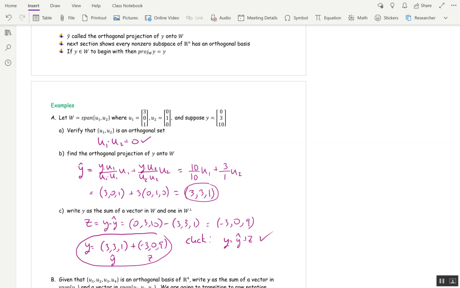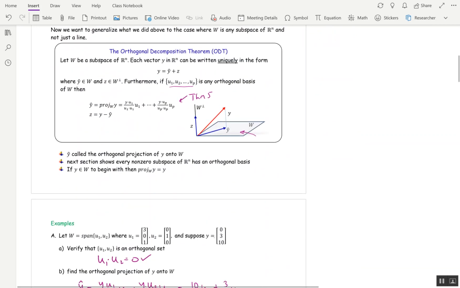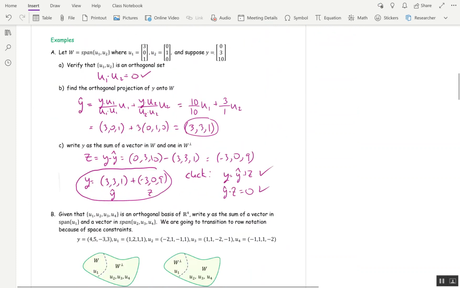Okay, and the other part of the safety check is check that Y hat is orthogonal to Z. Is that 0? So we get negative 9 plus 0 plus 9 is indeed 0. Okay, so you can see that it's really exactly what we did for the very first review problem, except now W is spanned by 2 vectors instead of 1.